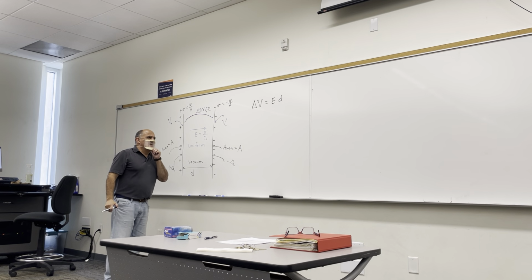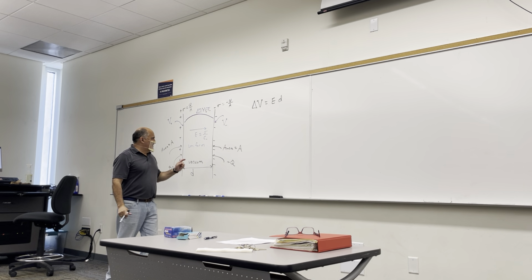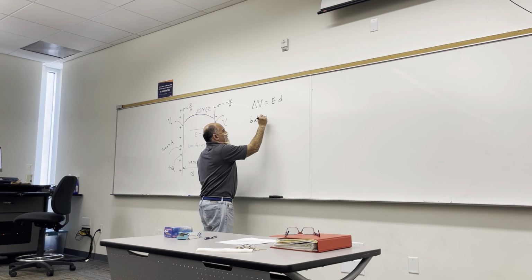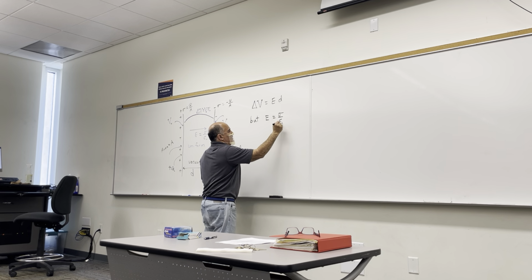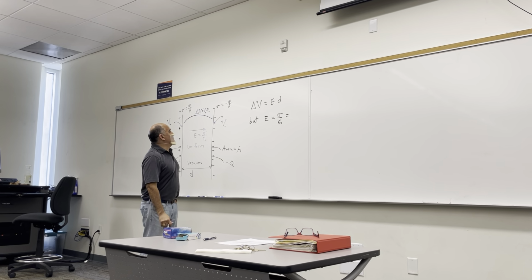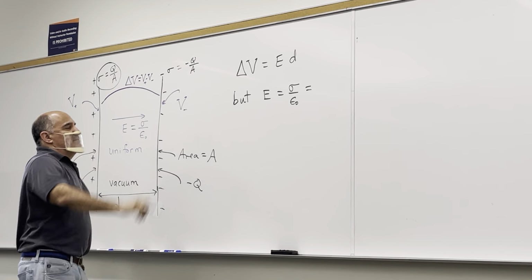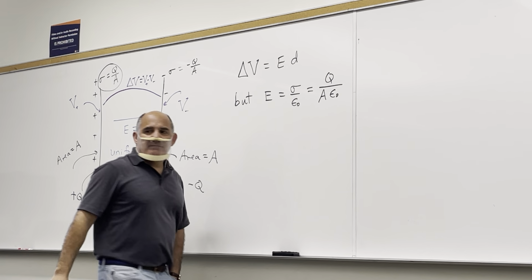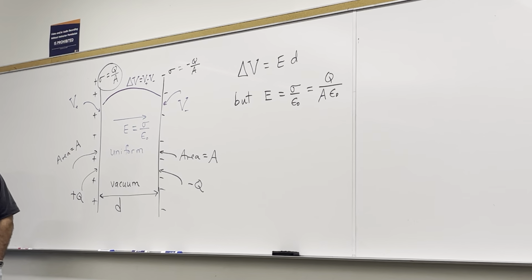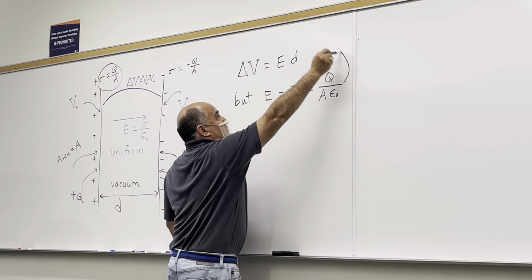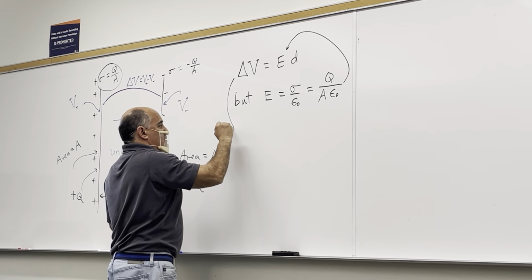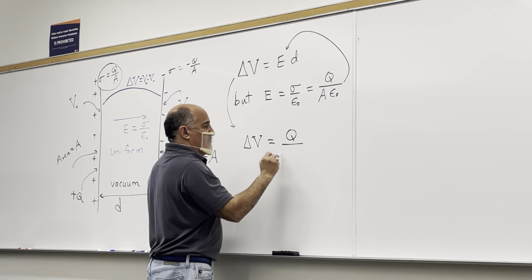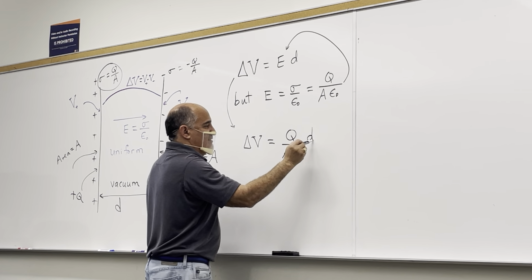Now notice that the electric field can be written as E equals sigma over epsilon naught, which means that since the charge per unit area sigma is Q over A, I can write this as 1 over epsilon naught and then Q over A. Correct? And if I plug this expression in here, the potential difference between these two plates becomes Q D over A epsilon naught.